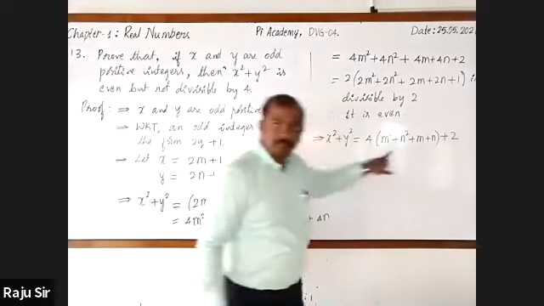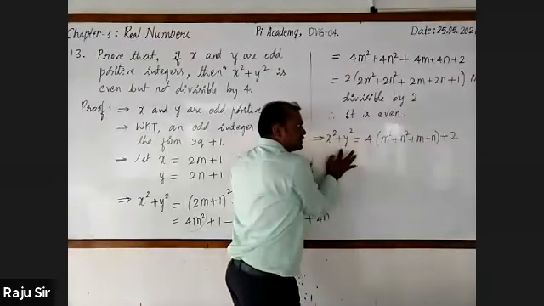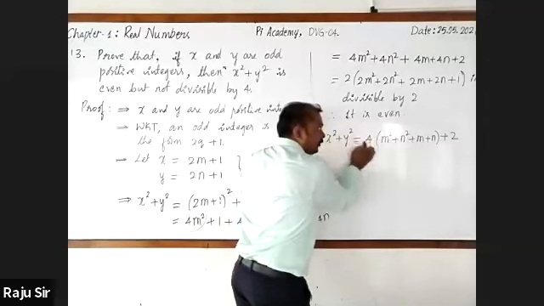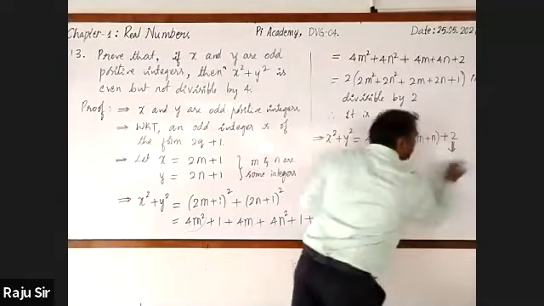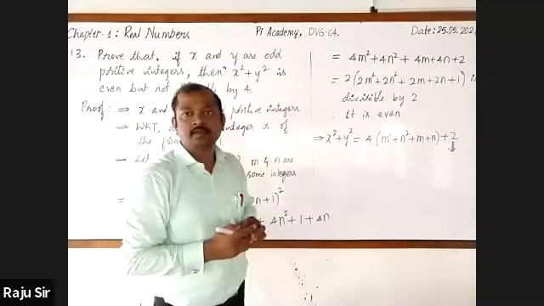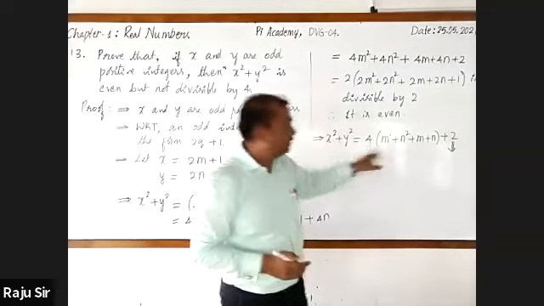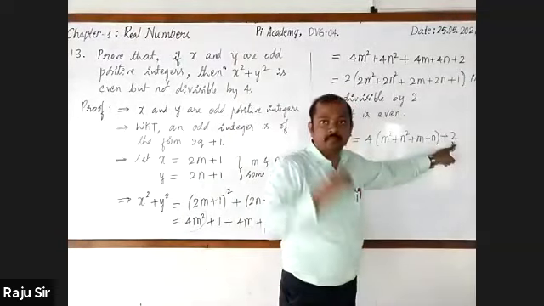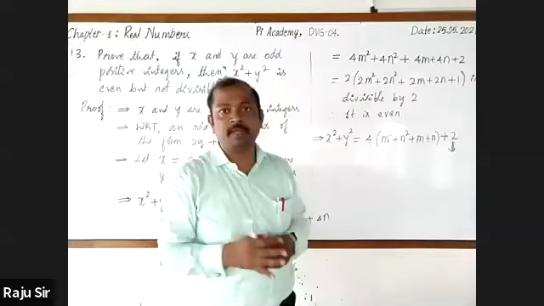From this statement, we can understand that when you divide this number, that is x square plus y square, by 4, it leaves the remainder 2. Got it? The meaning of this statement is when the given number is divided by 4, you get 2 as the remainder. If 2 is the remainder, then do you say that it is divisible by 4? No, sir. No, it is not divisible by 4.